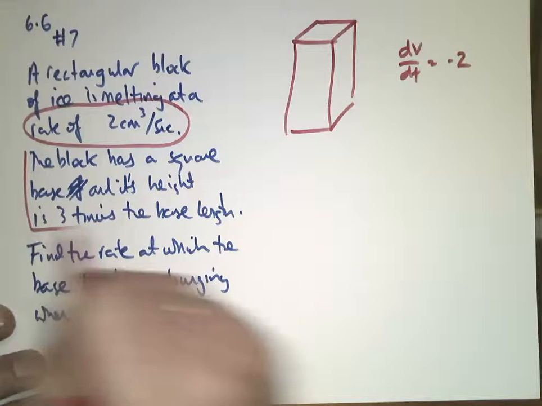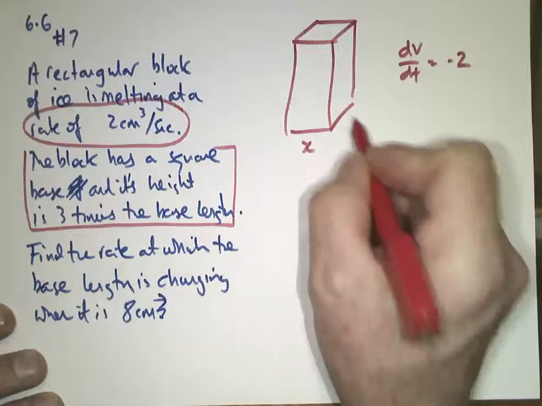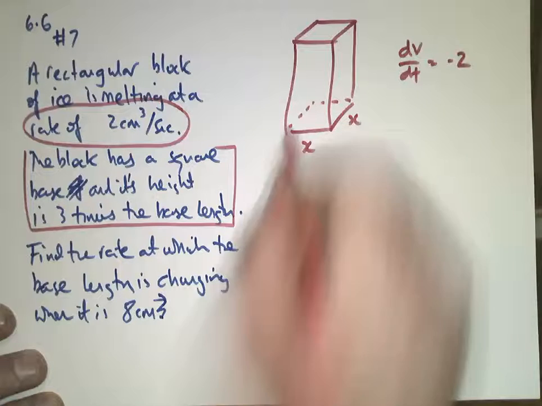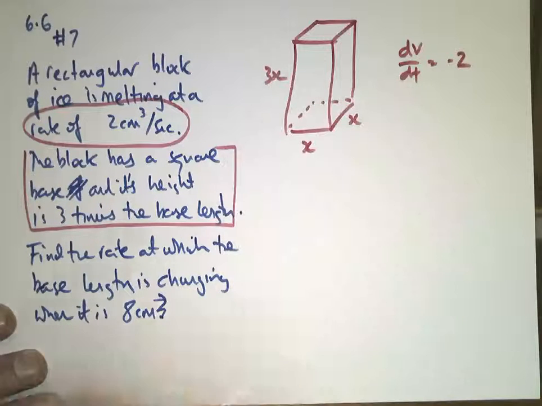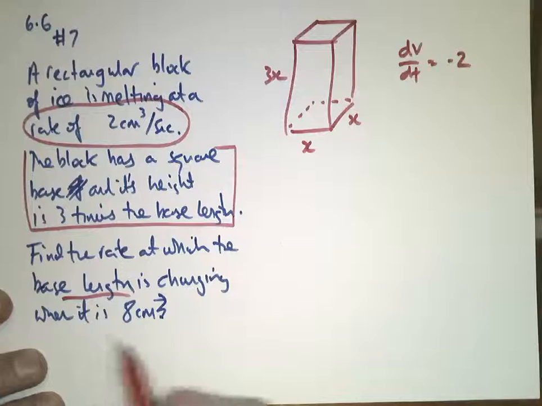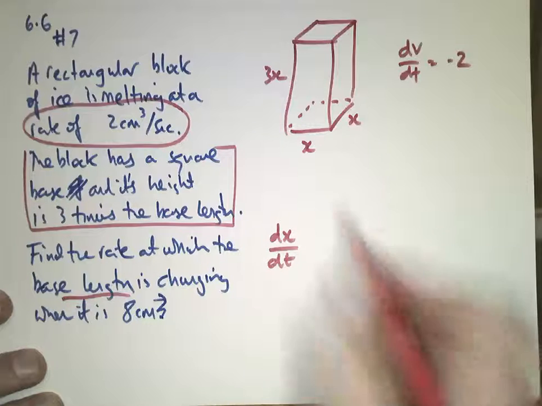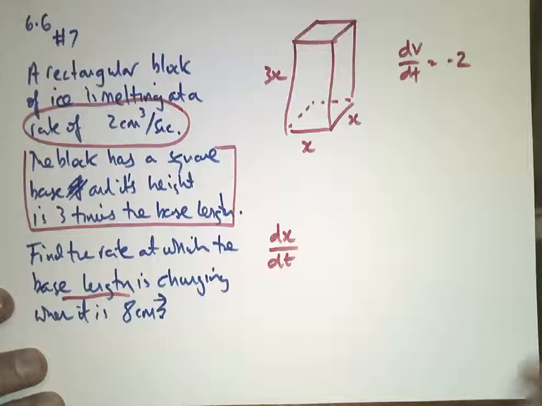The block has a square base and its height is 3 times its base length. So if the base length is x, that will be x because it's a square base, and its height will be 3x. Find the rate at which the base length is changing. So you're asked to find dx/dt, the rate at which the base length, which I've called x, is changing.